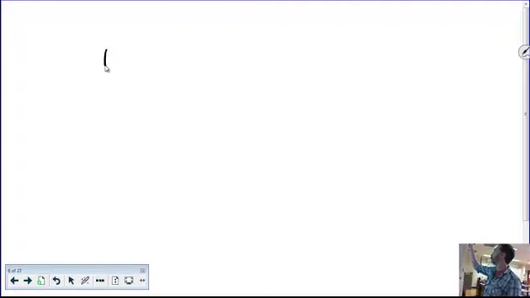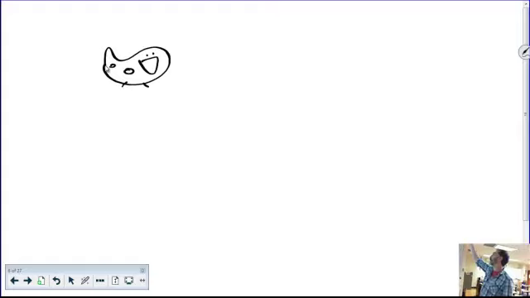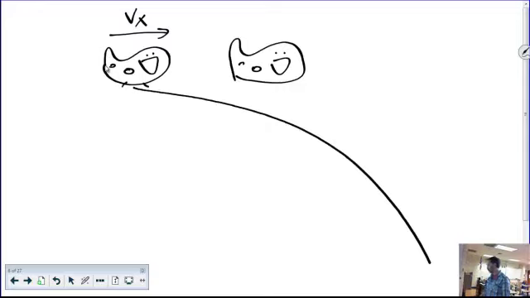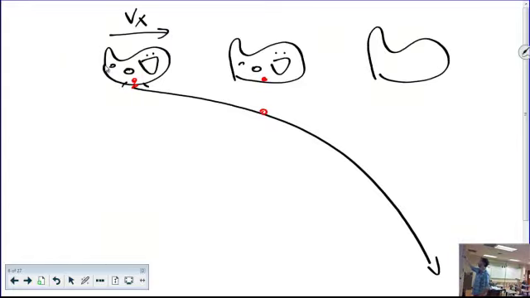Here was our airplane, flying along at some velocity horizontally. A moment later, here's the airplane. The bombs, or whatever those little things were that were falling out of it, were always under it. When the airplane was here, the bomb was here. When the airplane was here, the bomb was here. A moment later, the airplane will be here, and the bomb will be right here.